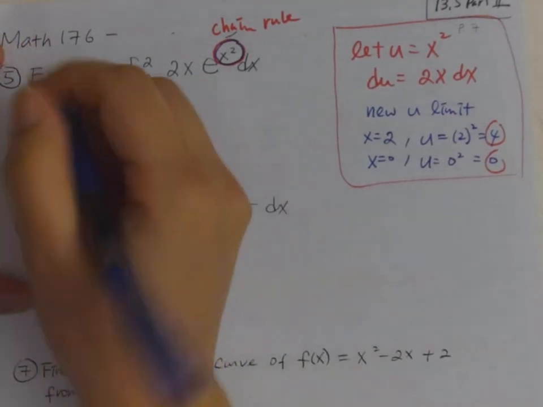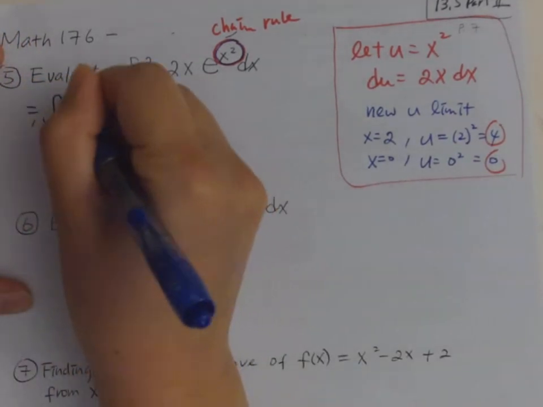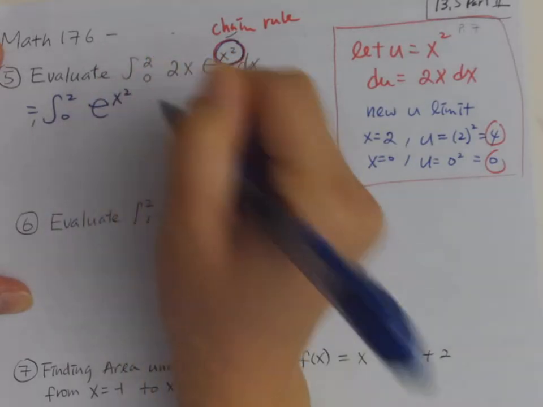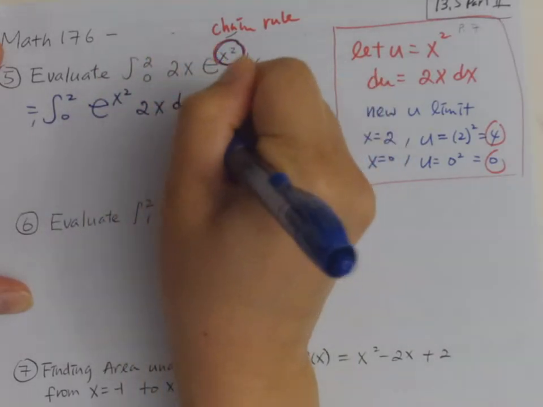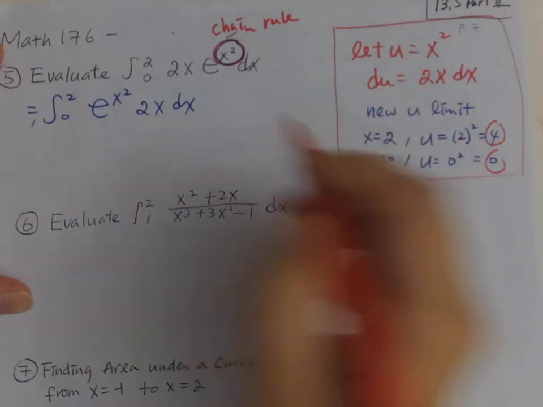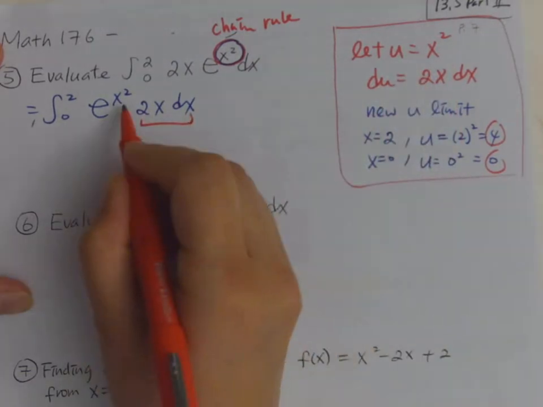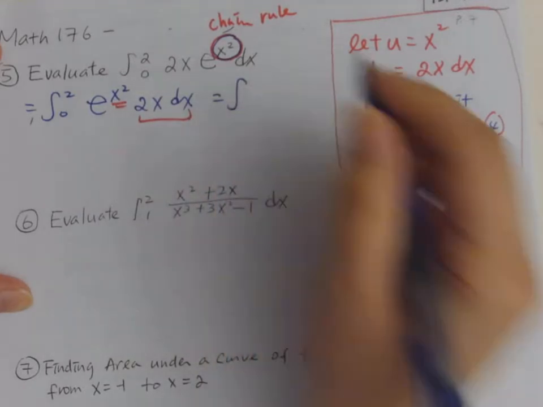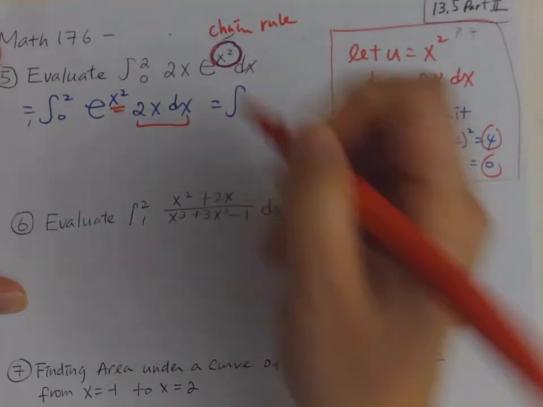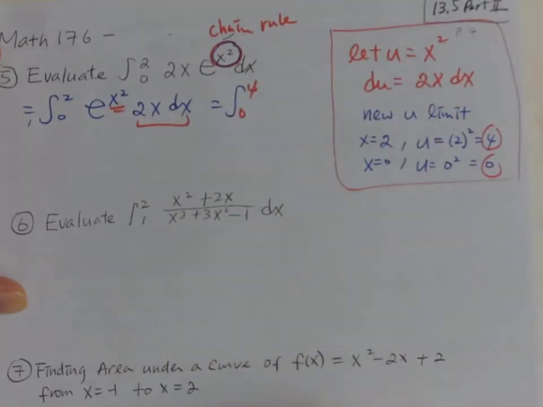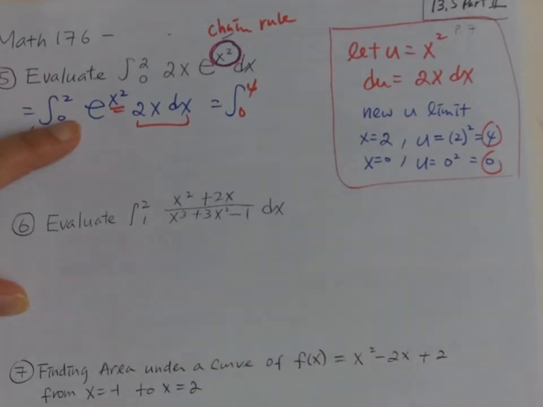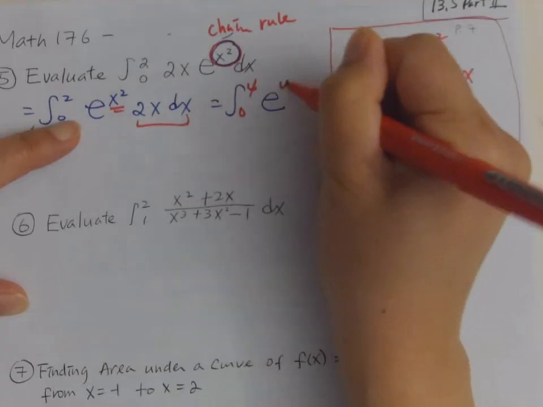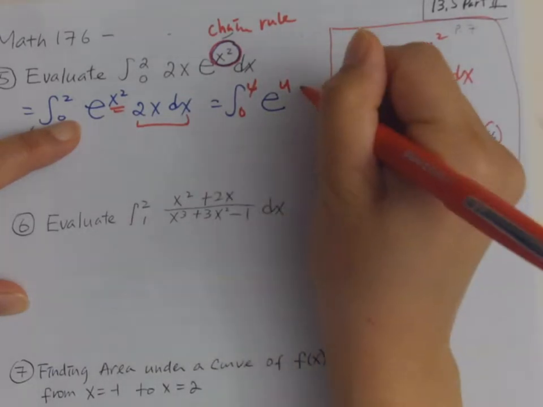Alright, I'm going to put them in order first: 0 to 2 of e to the x squared, and then my 2x dx together, because this is the du, right? Alright, so now I plug it in. New limits, 0 to 4. I have my e, replace that with u, and then that would be du, right?